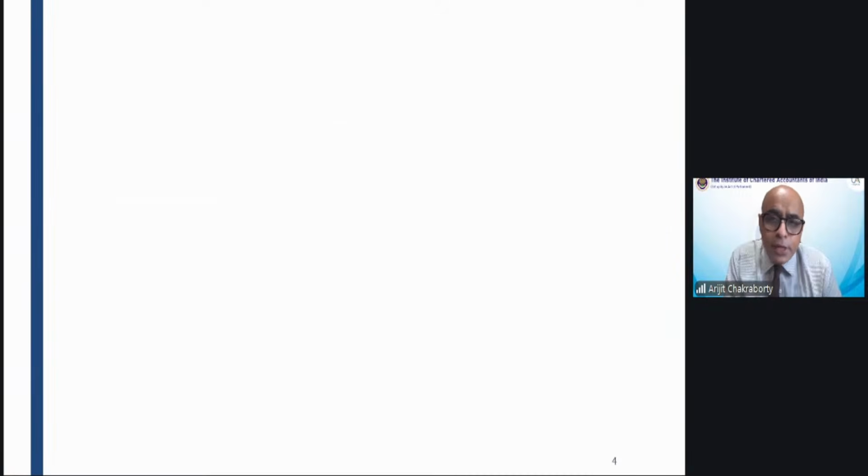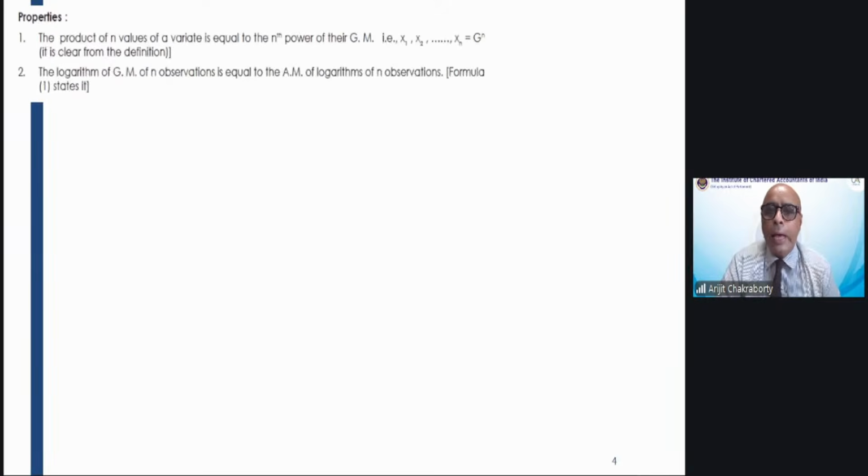So dear students, please remember that in any problem or situation where there is a question of rate of return, geometric mean will be the most appropriate measure to use. Now we look at some of the important properties, after which we will move to the solved examples.